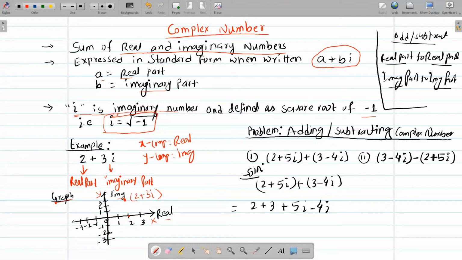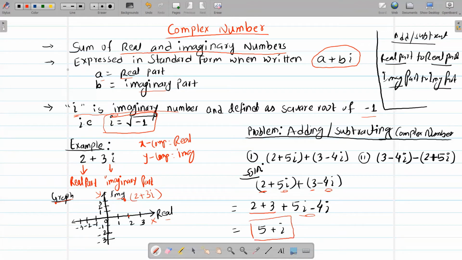That means we bring all the real parts together and all the imaginary parts together. So 2 plus 3 is 5, and 5i minus 4i means 5 minus 4 is 1i. So our answer is 5 plus i.